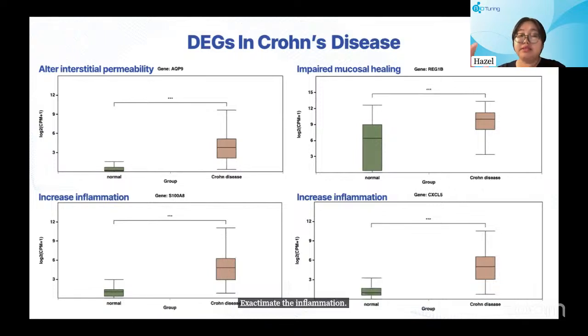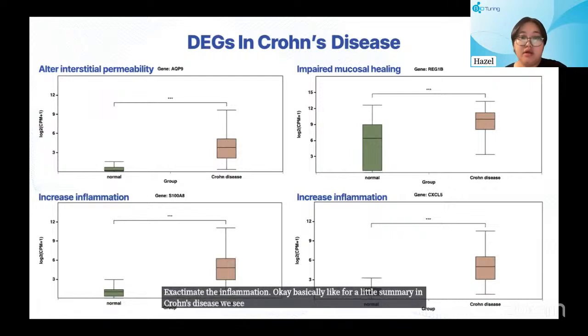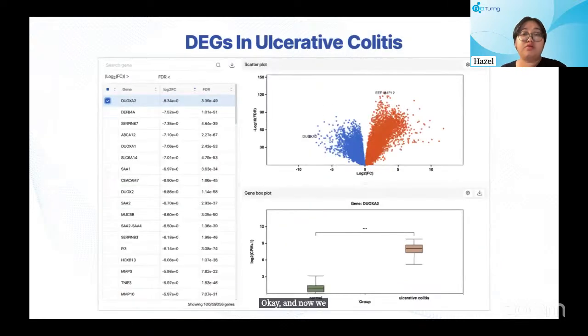Basically, as a little summary, in Crohn's disease we see increased inflammation, impaired mucosal healing, and also altered intestinal permeability. Now we move on to ulcerative colitis to see what we have there.